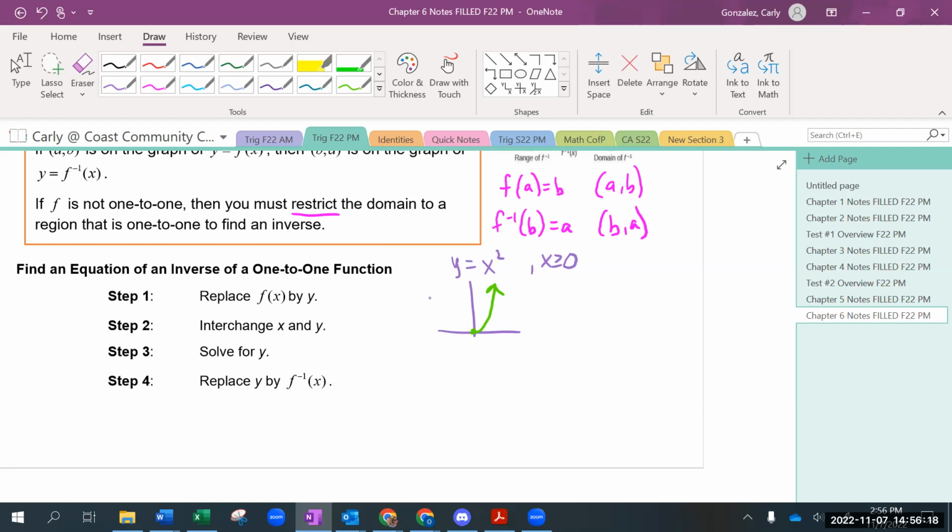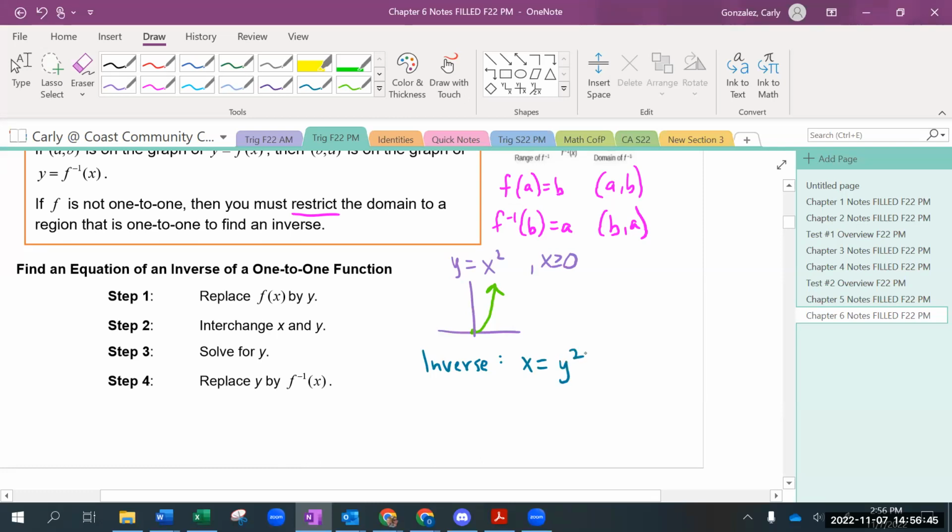If I wrote this instead as f of x equals x squared, I'd first replace the f of x with y, but I already have it in terms of x and y. Now I'm going to switch x and y, so I get x equals y squared.